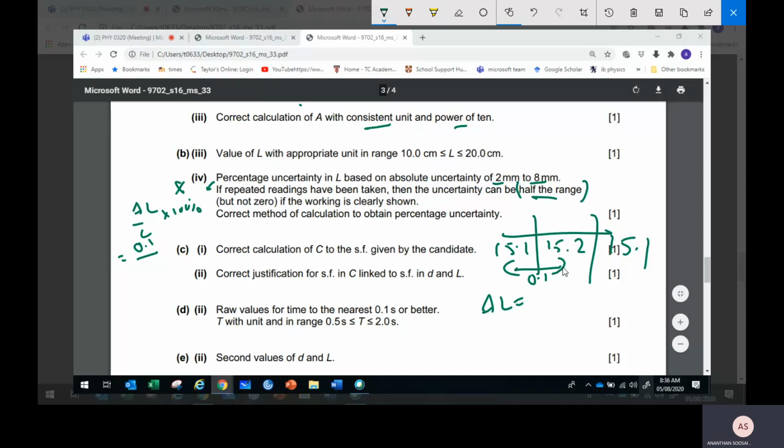Your error is half of the range. That means your error here is how much? Half of this range. So it should be 0.1 divided by 2. That's your change of value. Half of the range. Always works. You follow this method. For practical only.